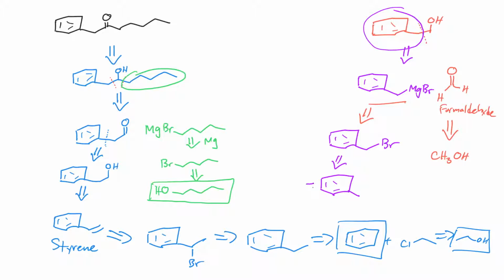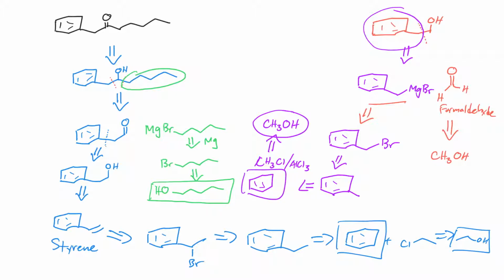And I can make methylbenzene from benzene and methyl chloride and aluminum trichloride. And I can make methyl chloride, again, from methanol. So this would be a starting material, benzene would be a starting material, and methanol would be a starting material here.